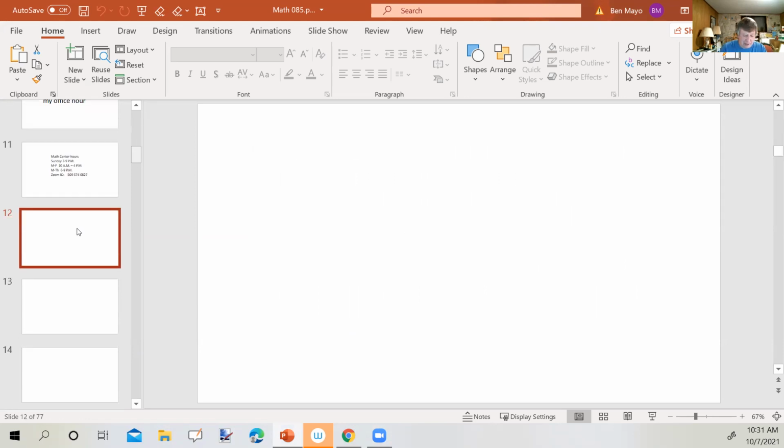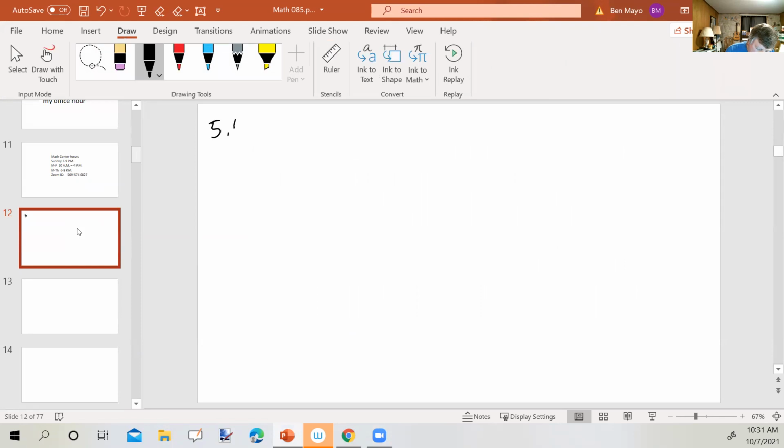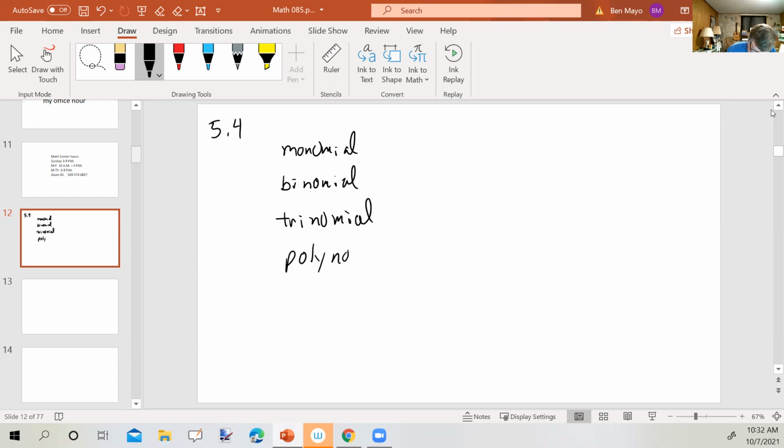I want to start with section 5.4, Polynomials, and I want to review what we did in that section. We talked about the idea of a monomial, a binomial, a trinomial, and just polynomials in general.